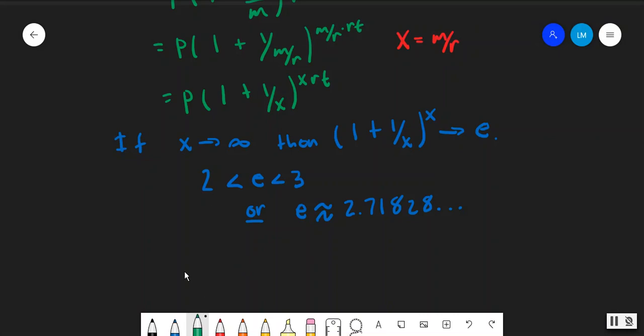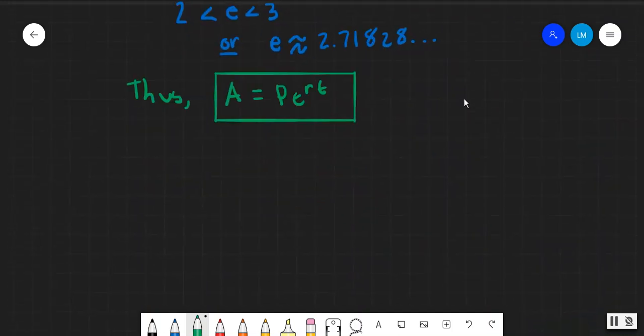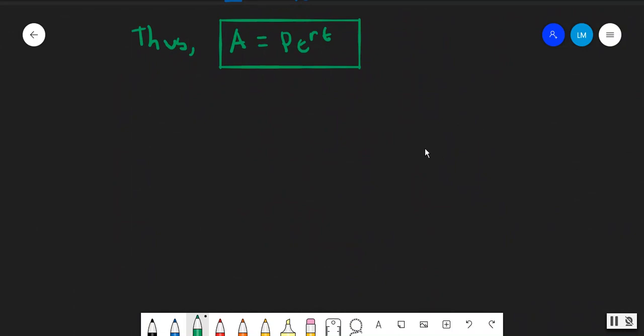We then get that A equals P e to the rt. This amount is what we call the future value with continuous compound interest.